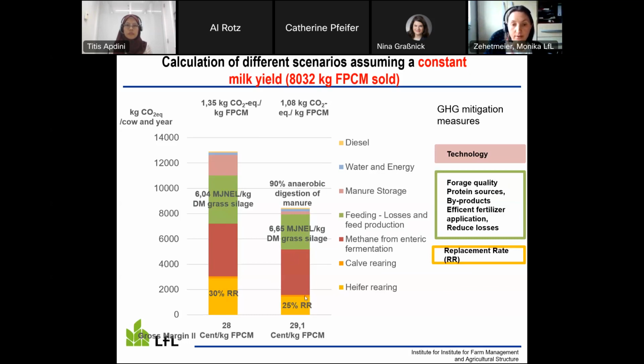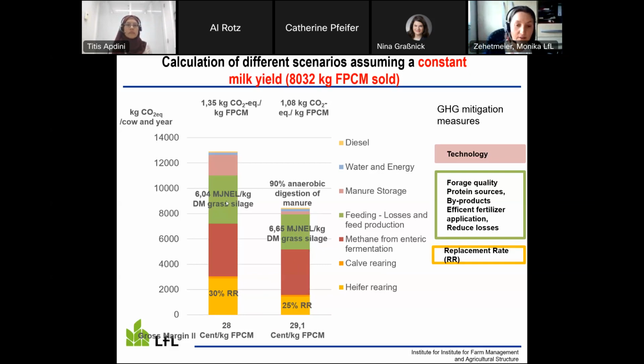So with these measures, and what we also did is to replace the protein source from soybean abroad to a homegrown protein source. And with these measures, we succeeded to reduce the carbon footprint from 1.05 to 1.08 kilograms CO2 equivalent.